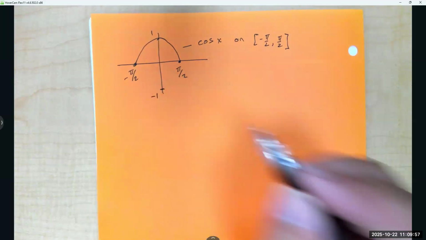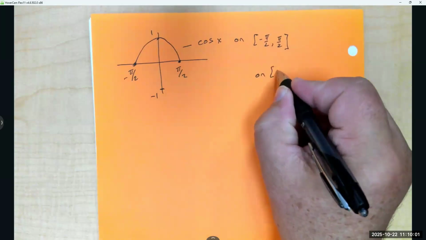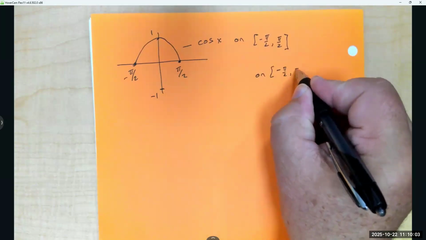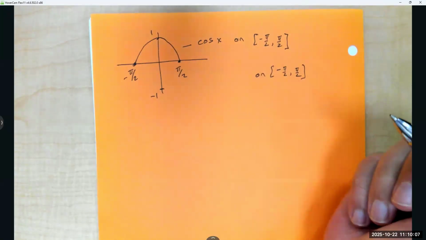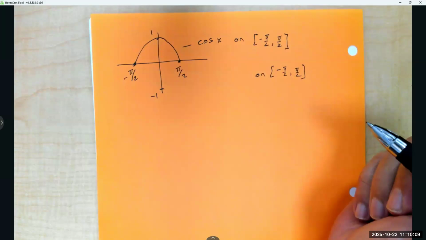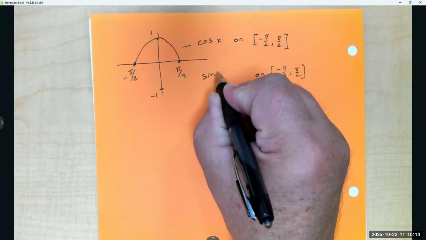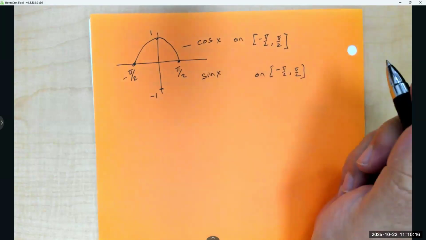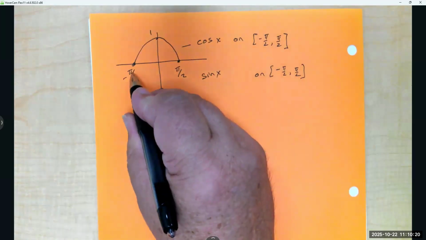Now, in that same domain, what would sine look like? Well, at negative pi over 2, what's sine?